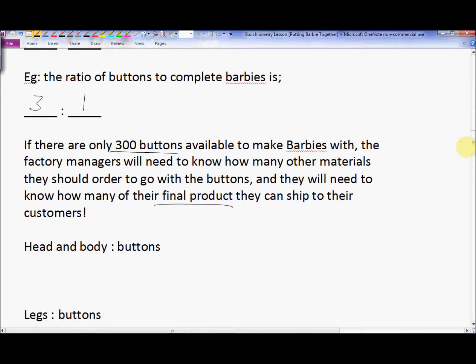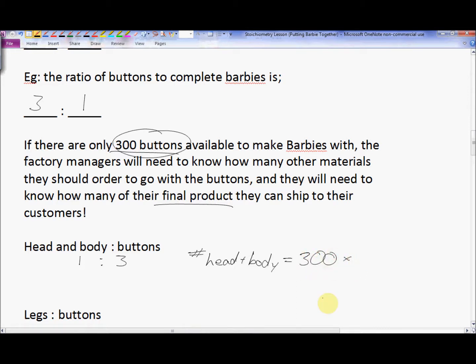For example, they may put together a ratio of the head and body to buttons, and like I think we said before, we'll have 1 head and body for every 3 buttons. So if you're trying to calculate how many head and bodies will go with the 300 buttons that you have in inventory, what you'll do is, number of head and bodies will be equal to our 300 buttons times that ratio of head and body to buttons.